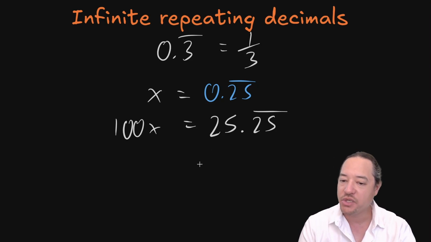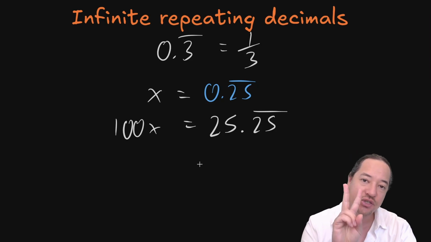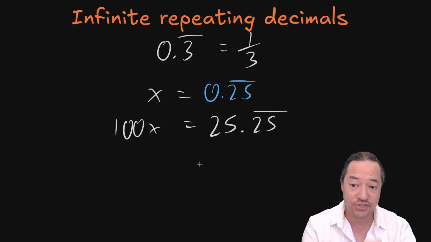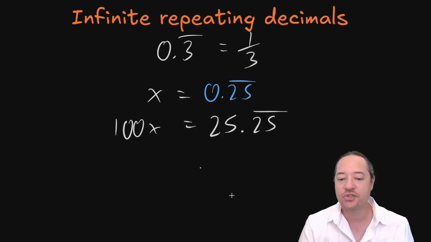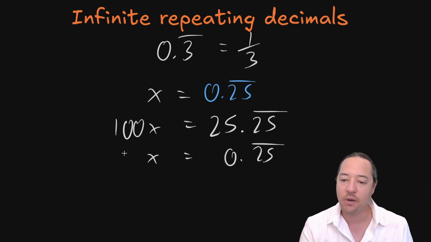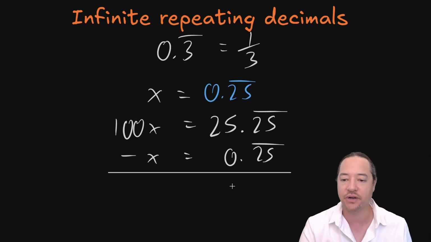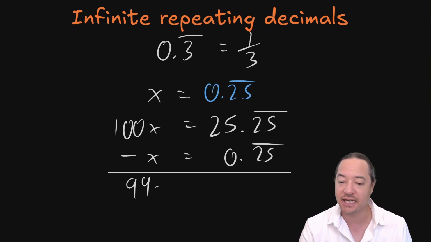Now, what are we going to do with this? Well, I've got essentially two equations now. I've got x equals something and 100x equals something, and I can use both of them. So I'm going to get my original equation, and now I am going to subtract these two from each other. What do we get on the left-hand side? 99x.